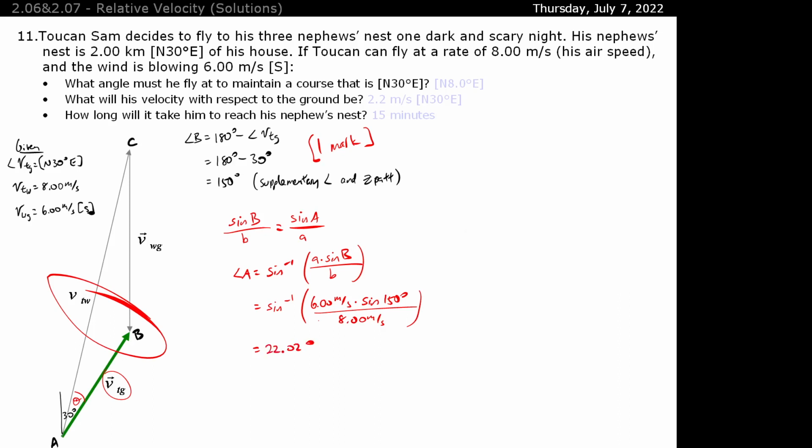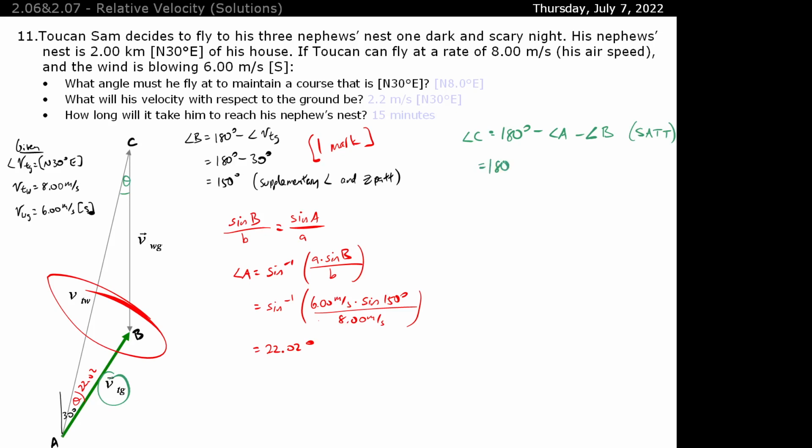Which is fine and dandy. That means that this is equal to 22.02. But because we're solving for VTG, we need to know this angle here. So that's why we need to solve for angle A, because angle C can be solved by doing 180 degrees, subtract angle A, subtract angle B. That's using the sum of angle triangle theorem, that's why it's SATT.